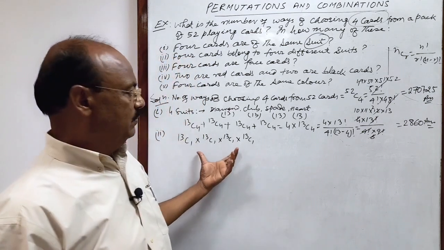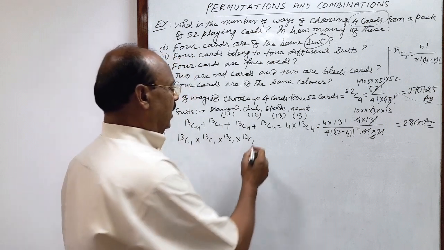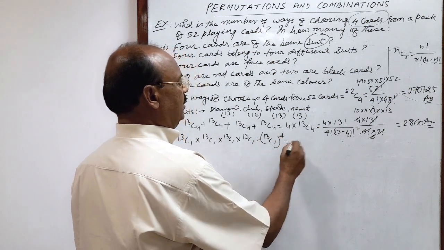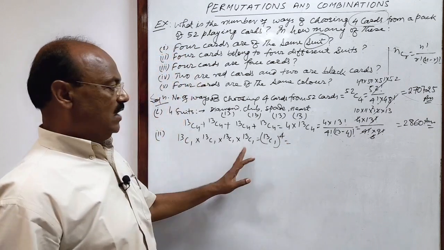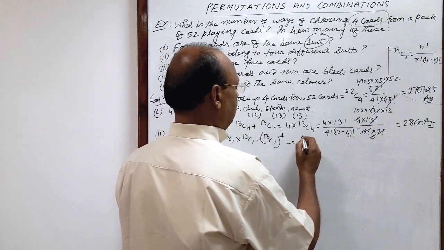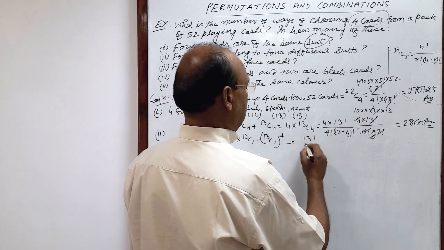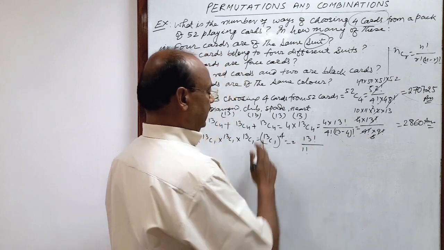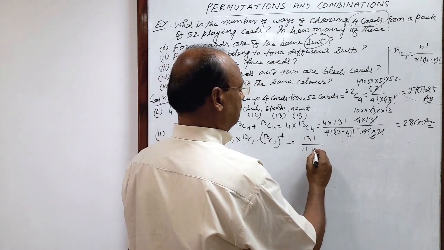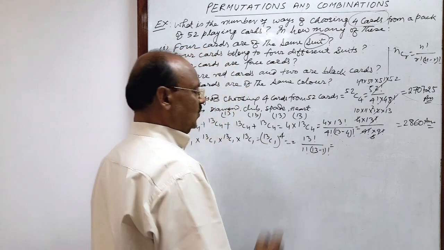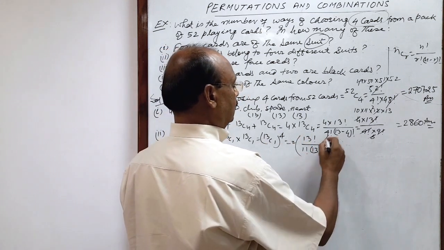Okay, so multiplication is here, and this is 13C1 whole to the power 4. 4 times we are multiplying, and 13C1 will be how much? This will be 13 factorial by 1 factorial, that is no meaning, and 13 minus 1, that is 12 factorial will be here. And this whole to the power 4.